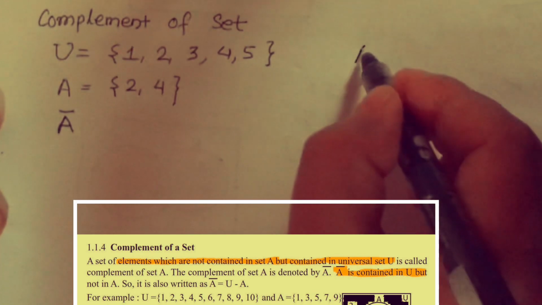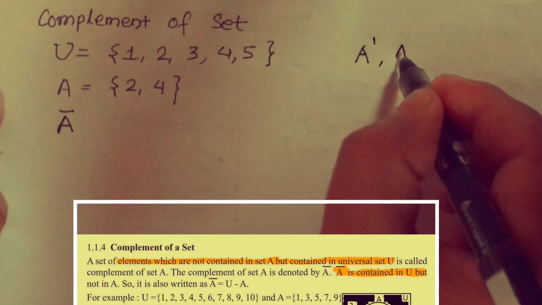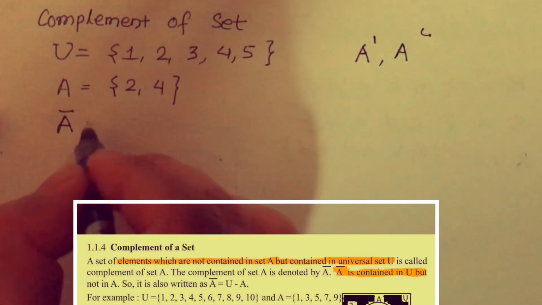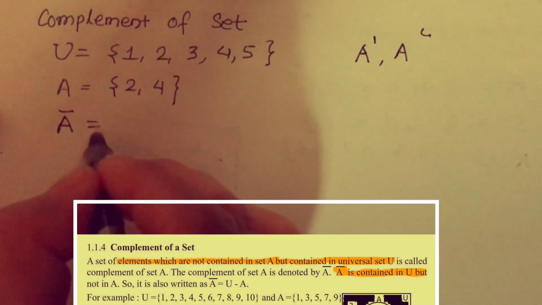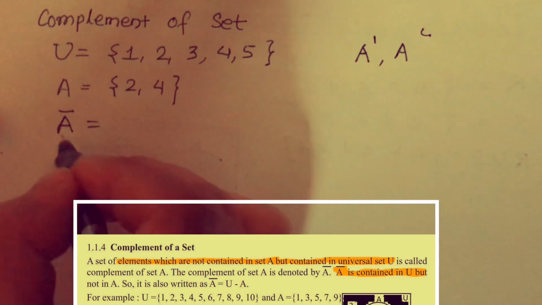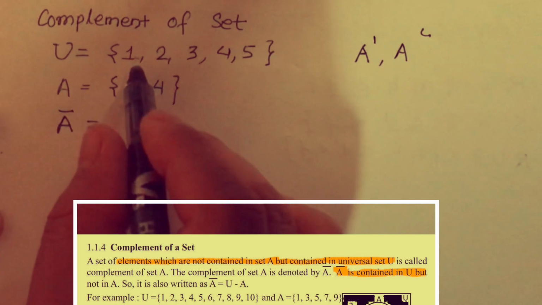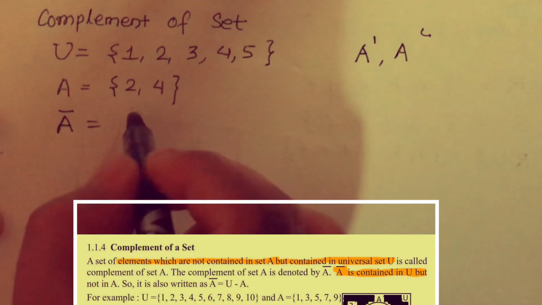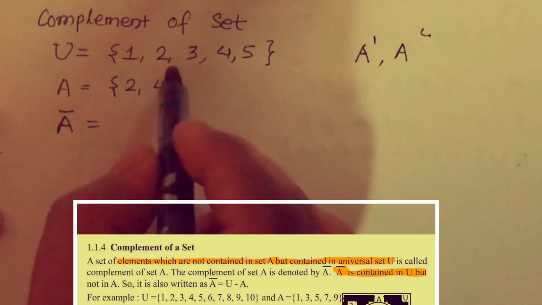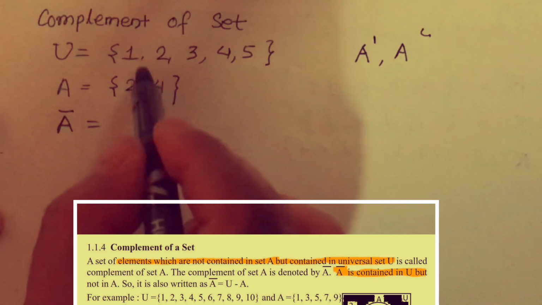Also we can denote it by A dash and A C. Here we know the complement of a set is those elements which are not contained in A but are in the universal set. So you have to write the elements which do not belong to A but belong to U.